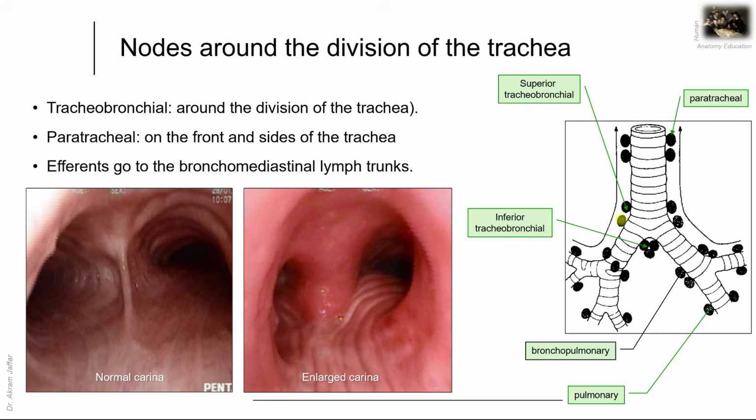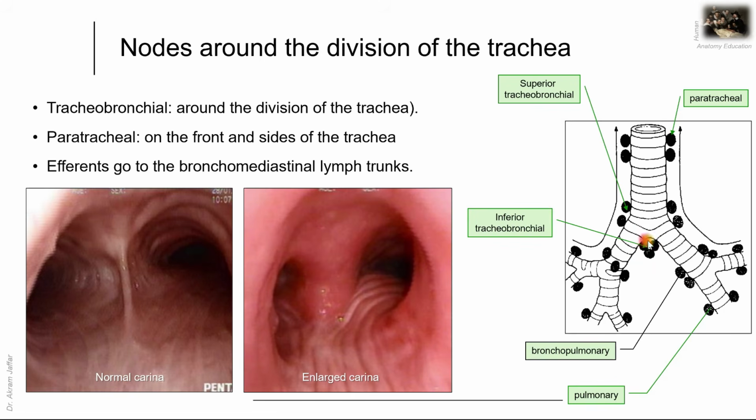The tracheobronchial lymph nodes around the division of the trachea can be further subdivided into superior and inferior tracheobronchial lymph nodes. We are here more concerned about the inferior tracheobronchial lymph nodes because enlargement of these lymph nodes can be detected through a bronchoscope.